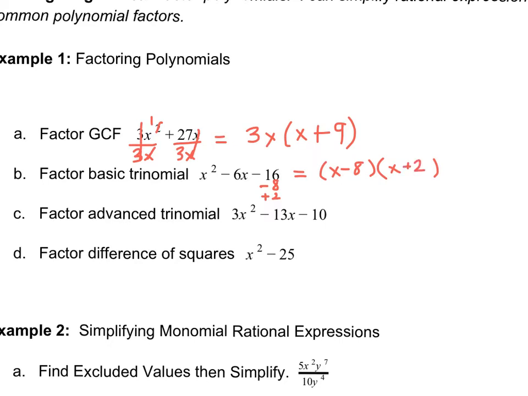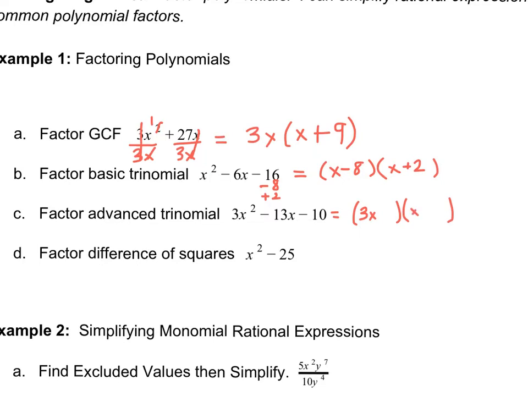Thirdly, when we have an advanced trinomial, you'll notice that there is a leading term in front of your x squared, which makes things a little bit more difficult, but we'll be all right. But again, it's a trinomial, so we're going to make our brackets. And to get to 3x squared, the first terms of my two binomials are going to have to be 3x and x.